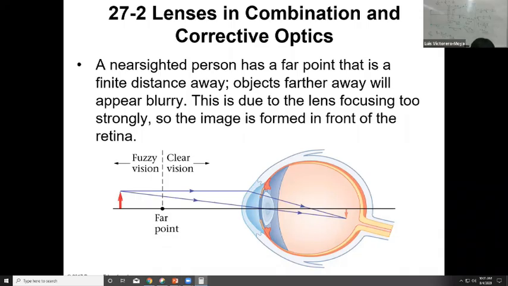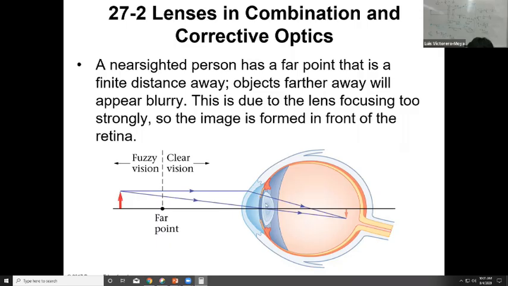A nearsighted person can observe very clearly things that are closer to the eye, so within the far point. Beyond the far point, it becomes fuzzy, because the object is focusing way too close, right in front of the retina.